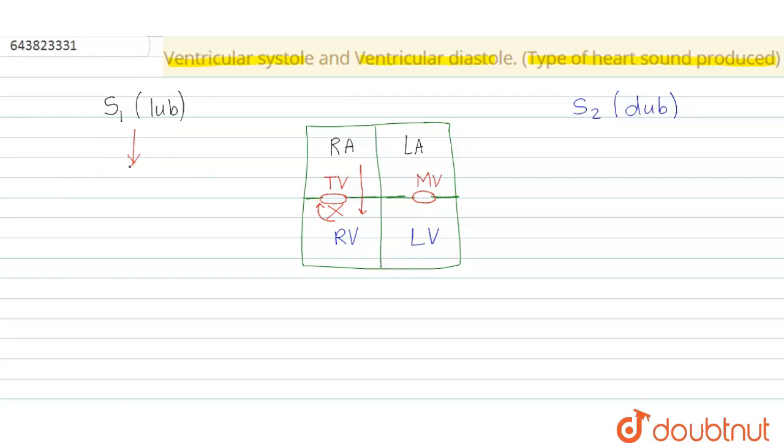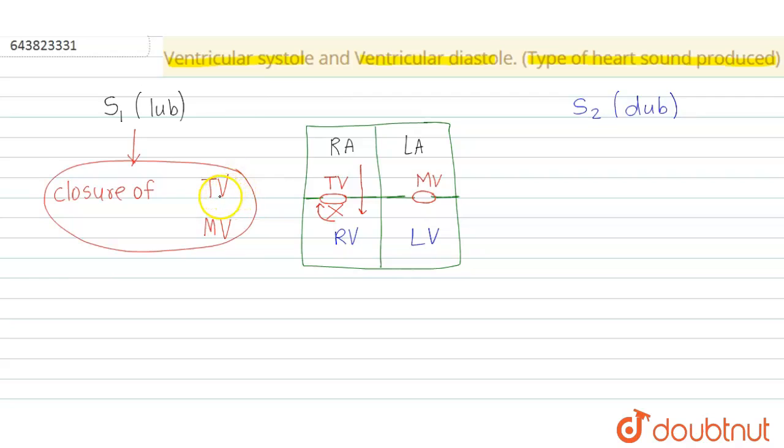So how is S1 produced? S1 is produced by the closure of the tricuspid valve and the mitral valve.